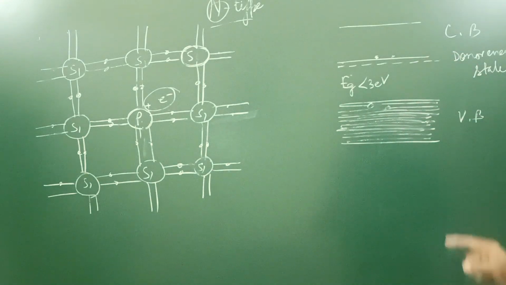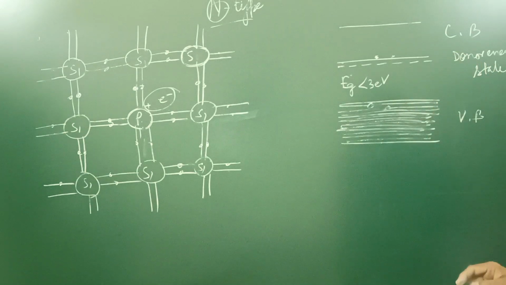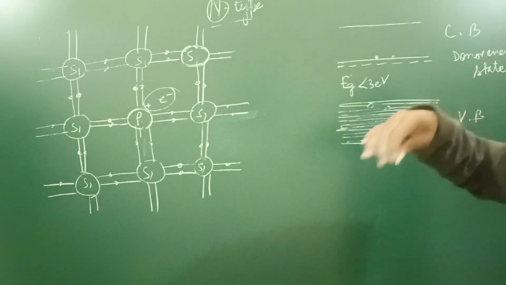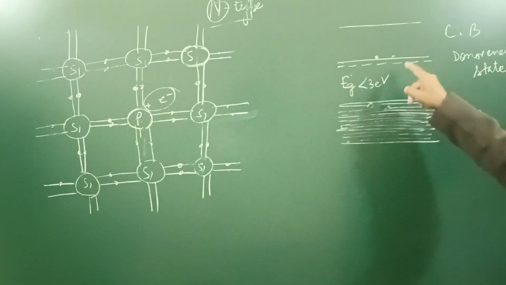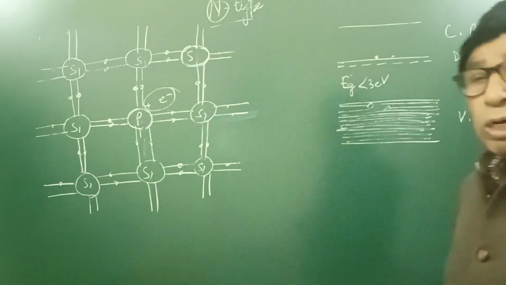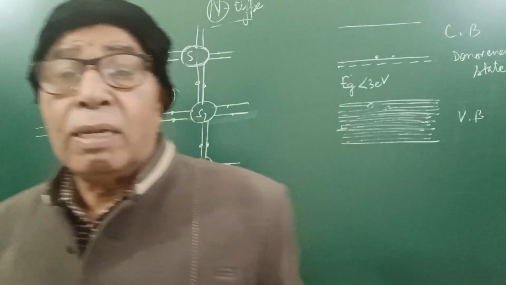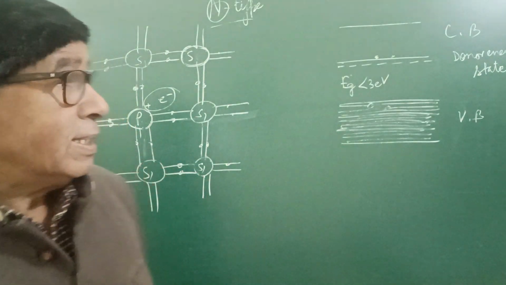It will be just below the lowest energy level of conduction band, and this is called donor energy state or donor energy level. When we apply electric field, it can provide energy to this because it is small, so that this electron goes into conduction band and shows conductivity. I hope you have got my point.